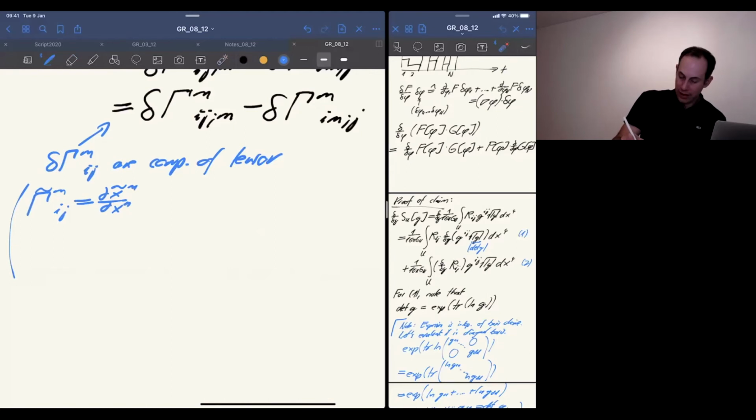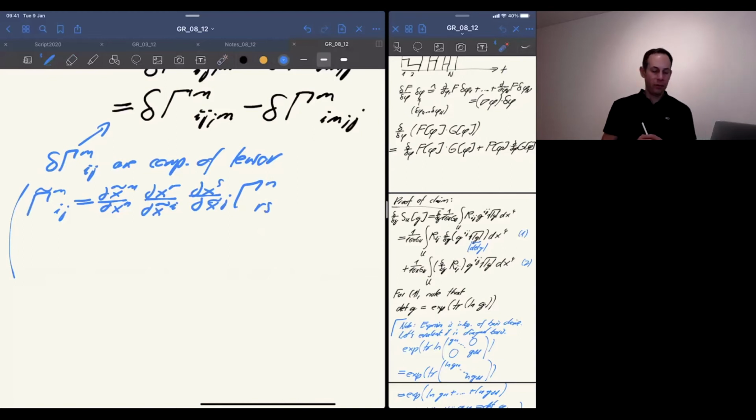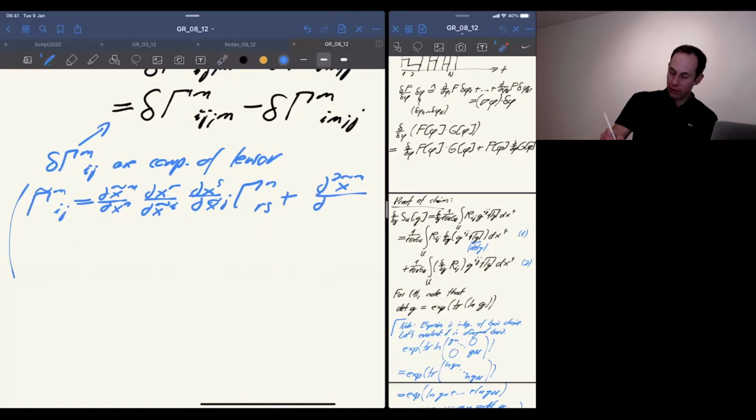So I'll write this down, dxr, dx tilde i, and dxs, dx tilde j, gamma n rs. So that would be the transformation rule for a tensor, but then the gamma symbols have an additional term, namely the second derivative of dx tilde n with respect to xi and xj.